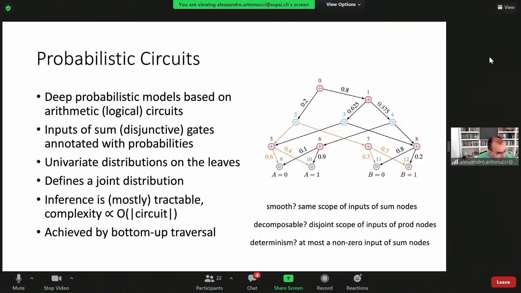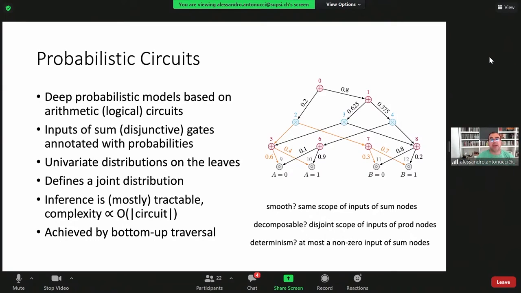I have no time to discuss the details, but you need some structural assumptions for this model, for instance smoothness. Smoothness says that a sum node should have inputs with the same scope. For instance, again, this node number 5 with the plus, the scope of both the inputs is the variable A.